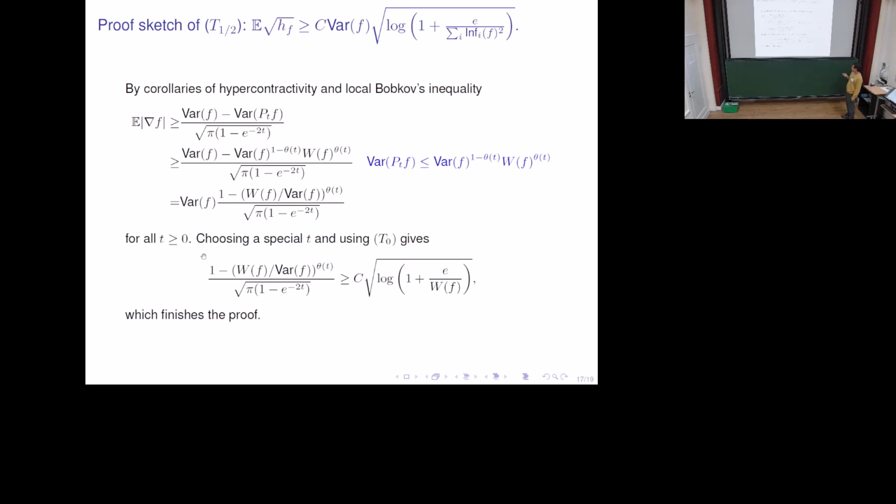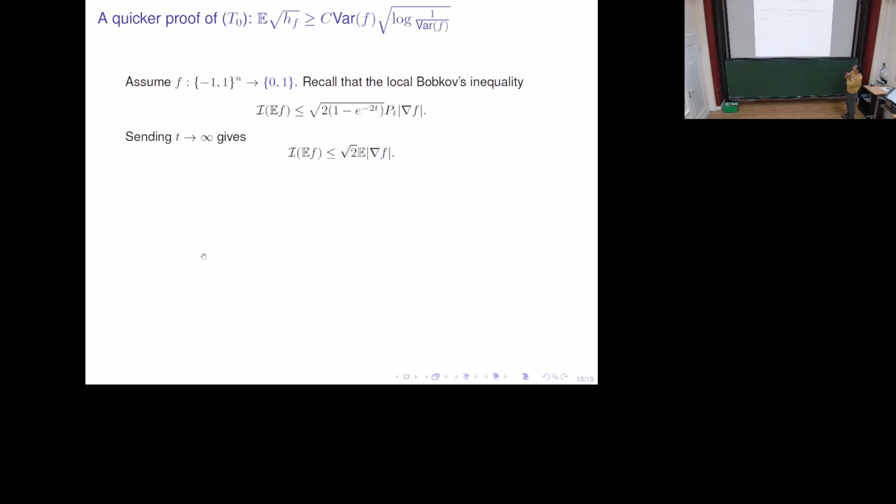And let me finish with one remark about this inequality of T naught. As I said, the previous proof of T naught is very complicated because you can just derive it immediately from the isoperimetric inequality, which is a limiting case of local Bobkov.